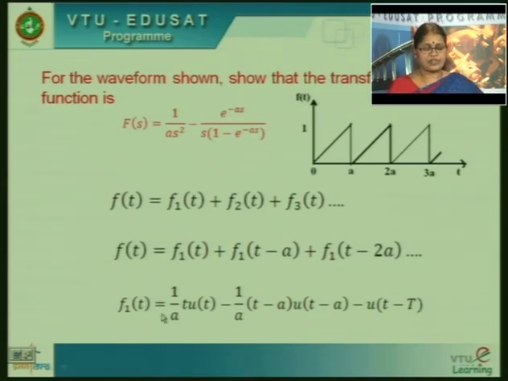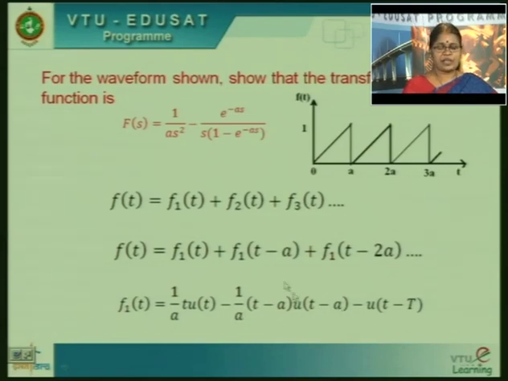So, this can be obtained by 1 by a t into u of t, which gives you this signal. At t equal to a, I need to add another ramp signal whose slope is also 1 by a, with a negative sign, and it should be shifted in time by a. So, the next signal which I need to add is minus 1 by a, t minus a, u of t minus a.